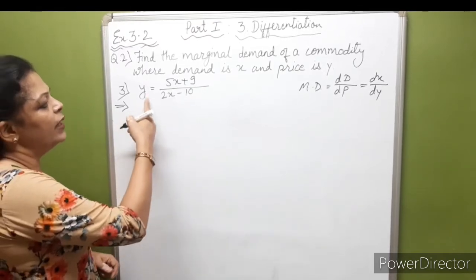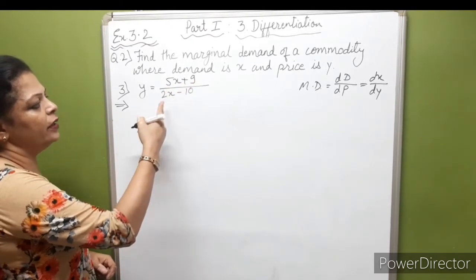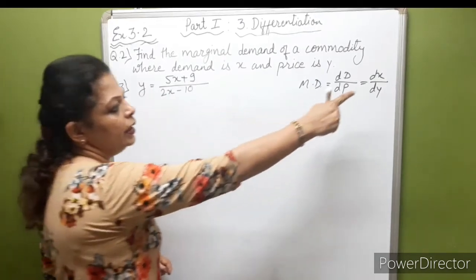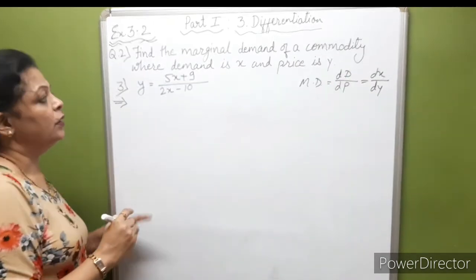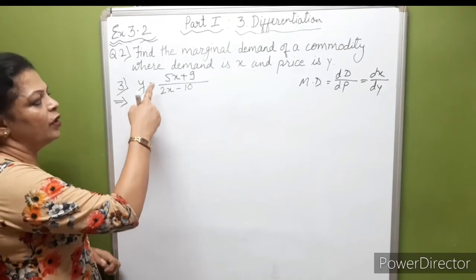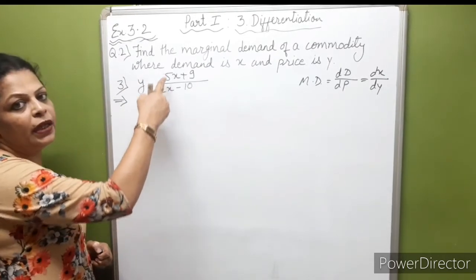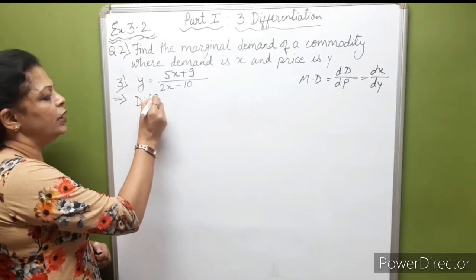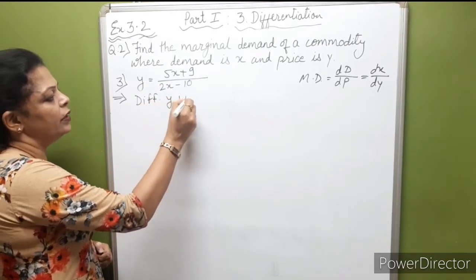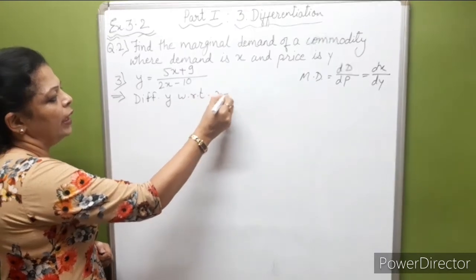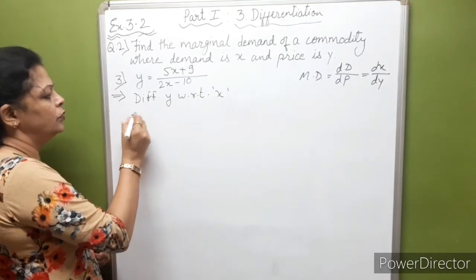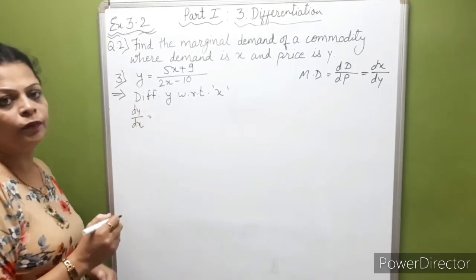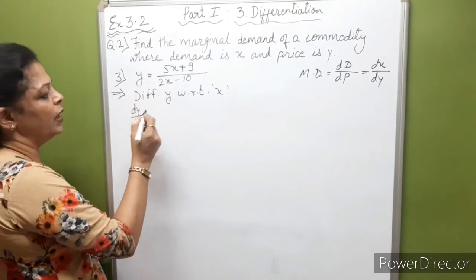So they have given y is equal to 5x plus 9 upon 2x minus 10. And we have to find dx by dy. So this y is in the form of u upon v. Again the same formula we will have to apply. So let us write, differentiating y with respect to x. So you get dy by dx is equal to, correct, u upon v formula I said.